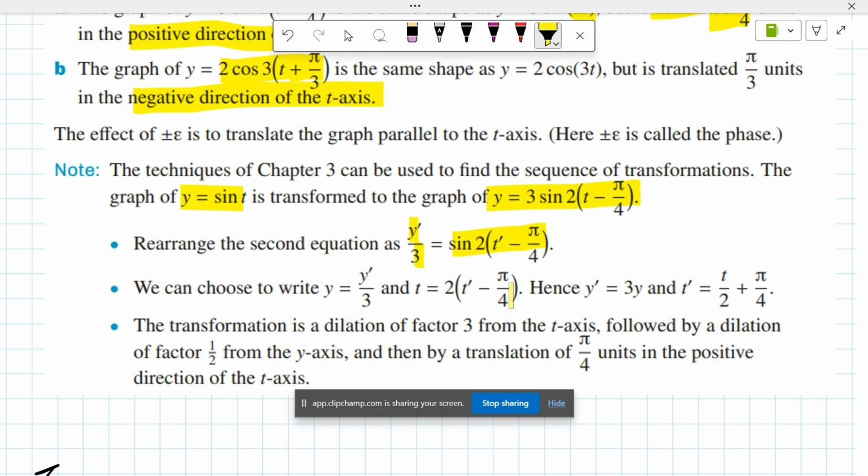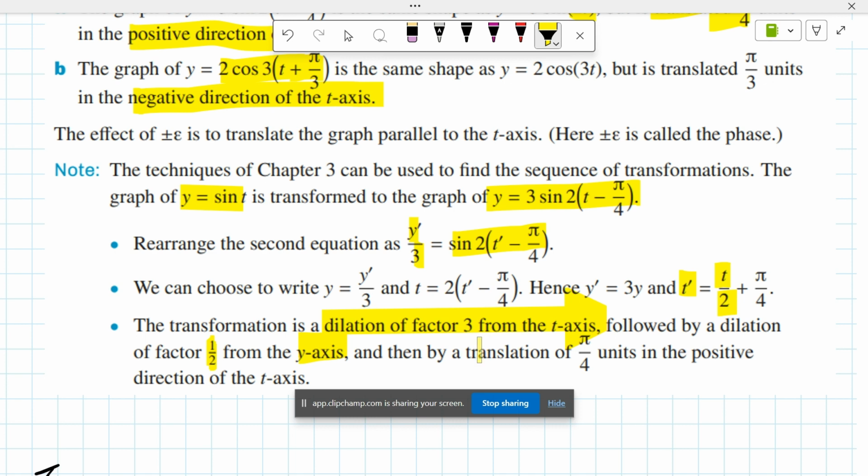pi, y on 3. It's actually a dilation by a factor of 3 from the x-axis, or we say the t-axis, okay? And also a dilation by a half in the y-axis, because if you're using t, the both sides are divided by 2, so that becomes t over 2.